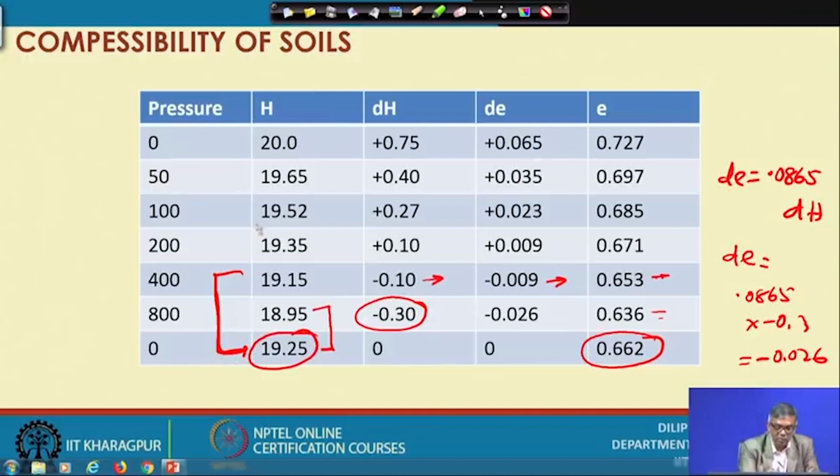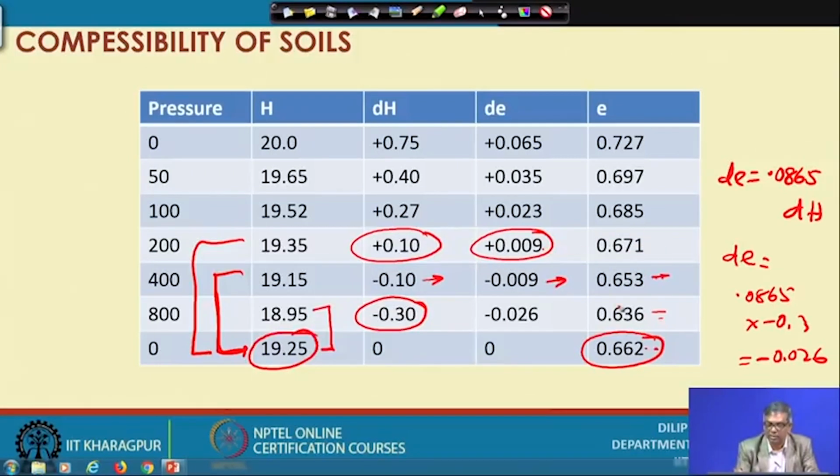Similarly, I will do this minus this, then the change in thickness will be this, and if I use this equation, then dE becomes this, and then your E with respect to this plus this plus this, you can see becomes 0.671.